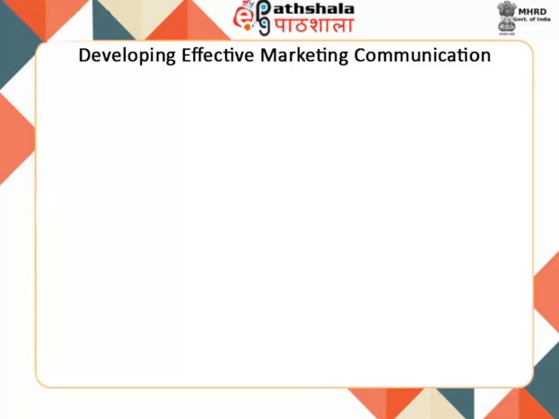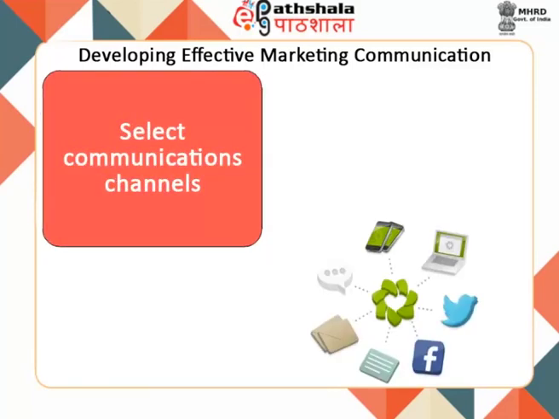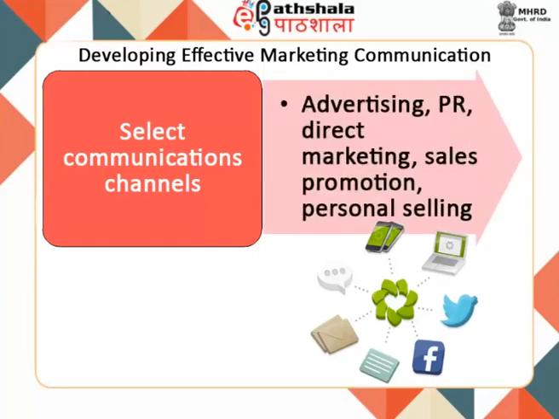In the next step, communications channels are selected. Marketers can select from 5 communication tactics to deliver its message: advertising, PR, direct marketing, sales promotion, and personal selling. Some of these channels are personal, that is, email, others are not, that is, paid media.